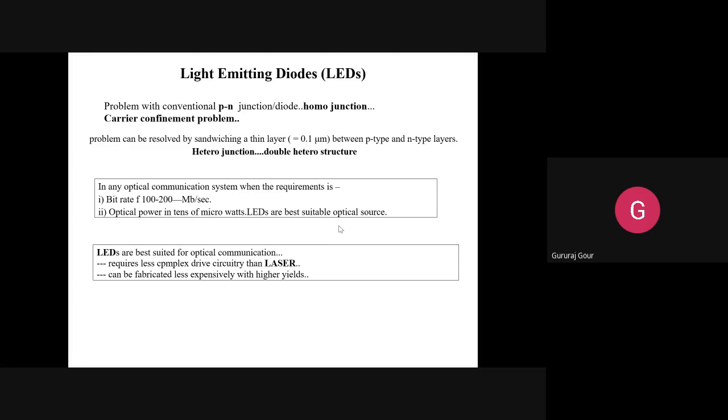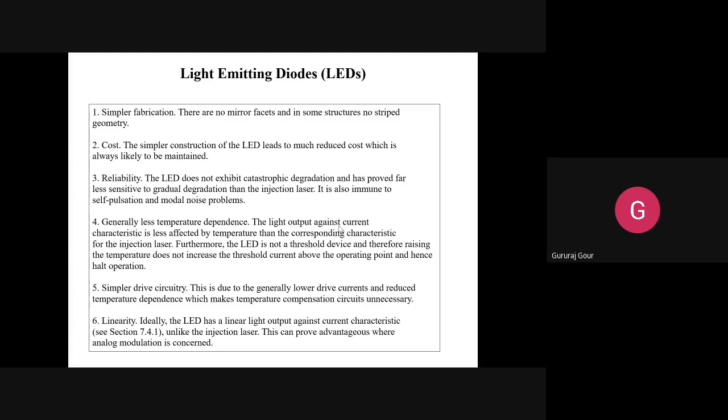Let us see some of the advantages. Simple fabrication: fabrication becomes much simpler because of its simple design. Two or three junctions, no mirror facets, and in some structures no stripe geometry.